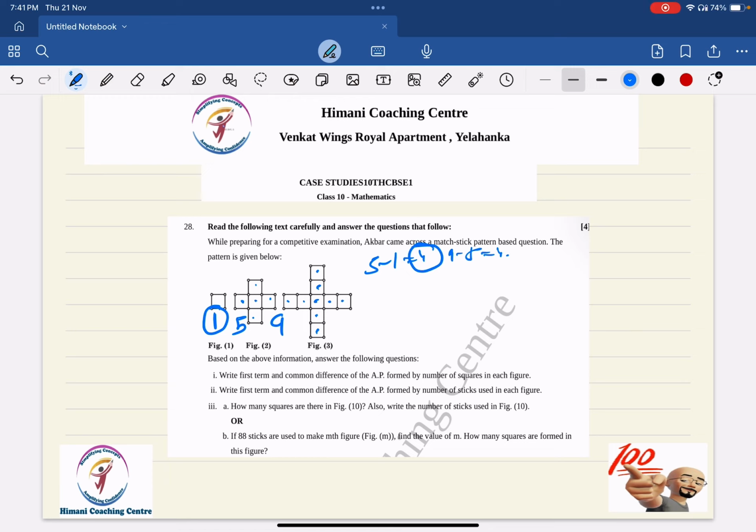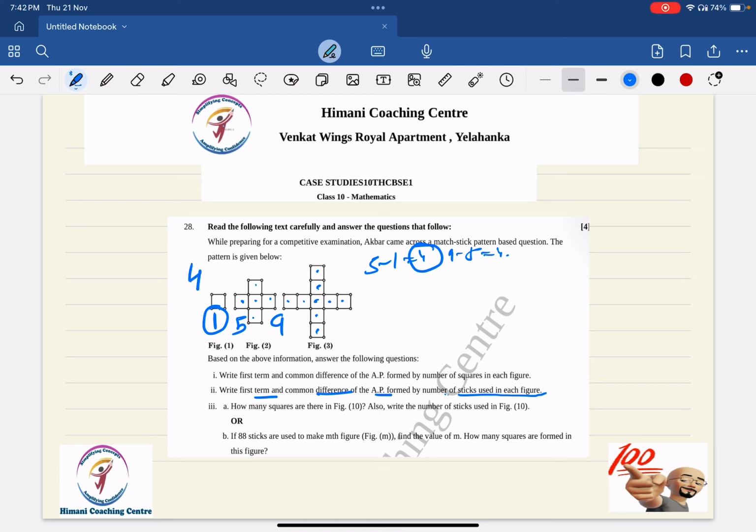Okay. Then it says write the first term and common difference of the AP formed by the number of sticks used in each figure. Okay. Now here we are trying to find the number of sticks. So how many sticks are there in the first one? There are four. Okay.